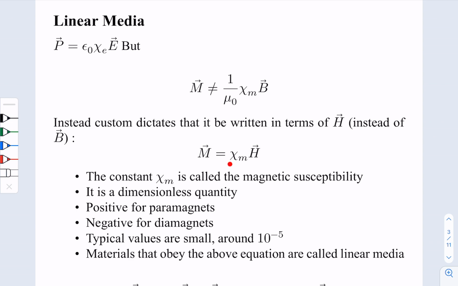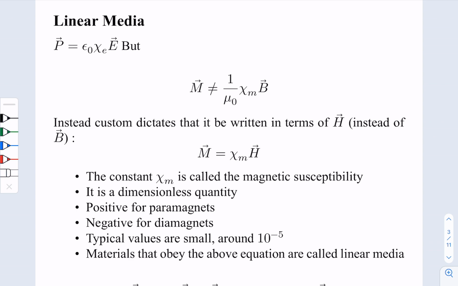So this chi M is a dimensionless quantity, and different from the electrostatic problem, the chi M here can be either positive or negative. For positive, the M is along the same direction as the magnetic field, and it's paramagnetic. When chi M is negative, then it's diamagnetic. In electric fields, chi E is typically a positive number, but also small.